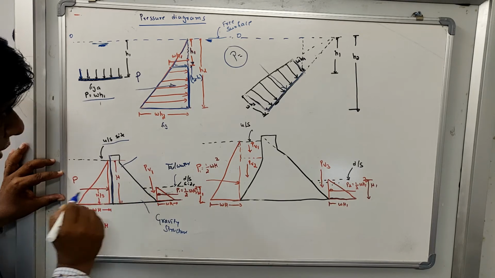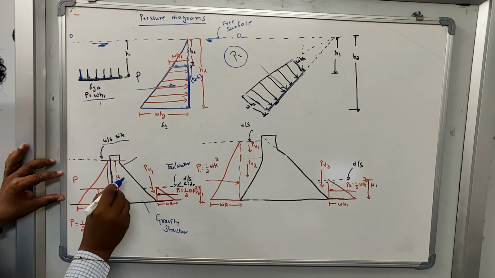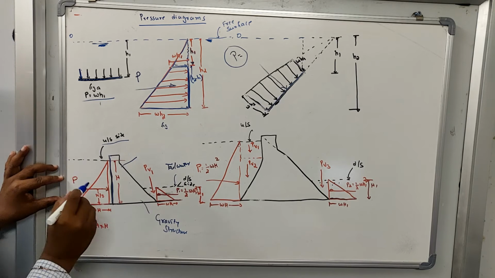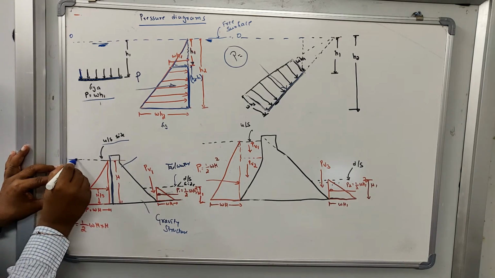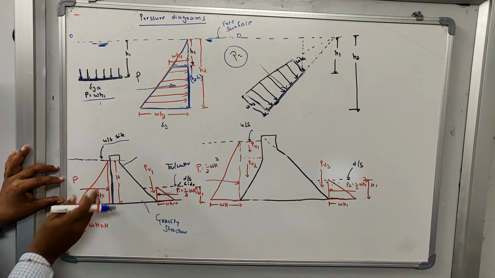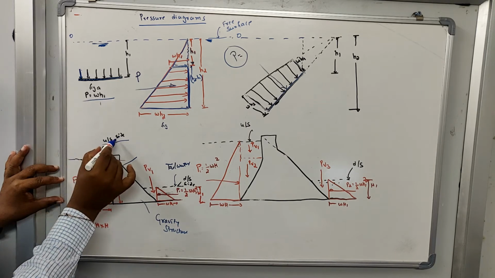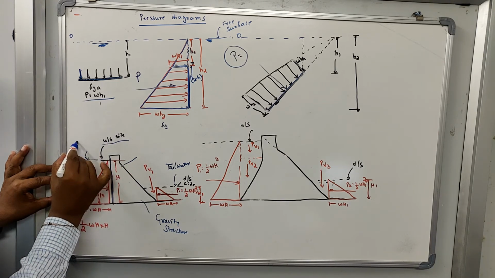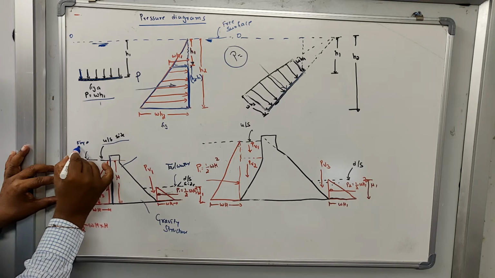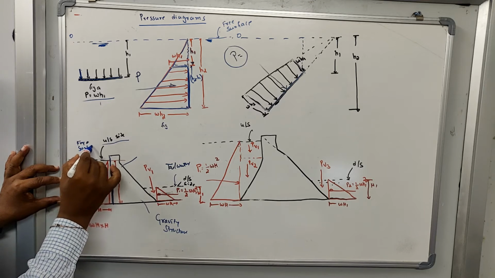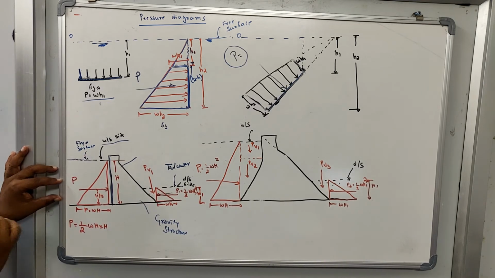This is the water stored at the upstream side, and this is the free surface of the stored water at the upstream side.